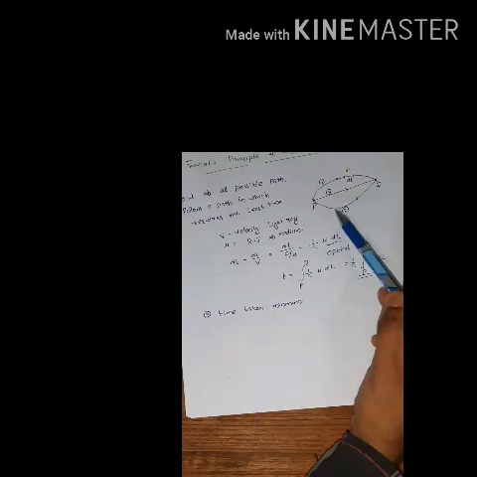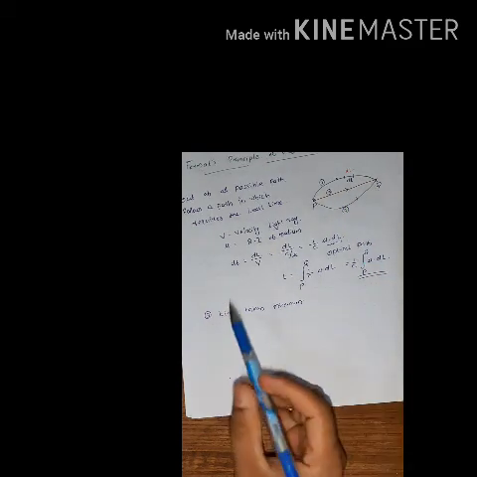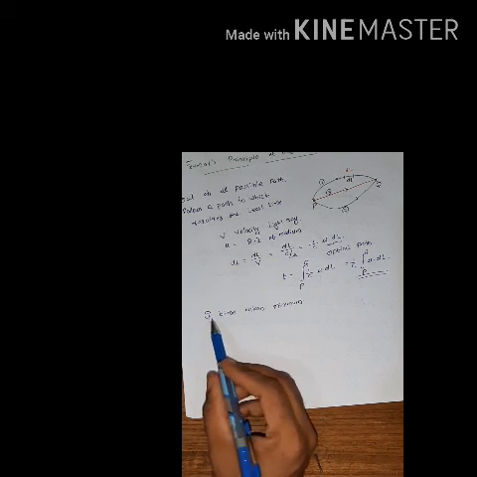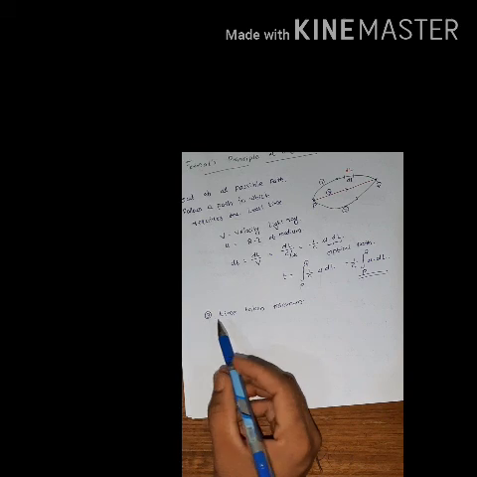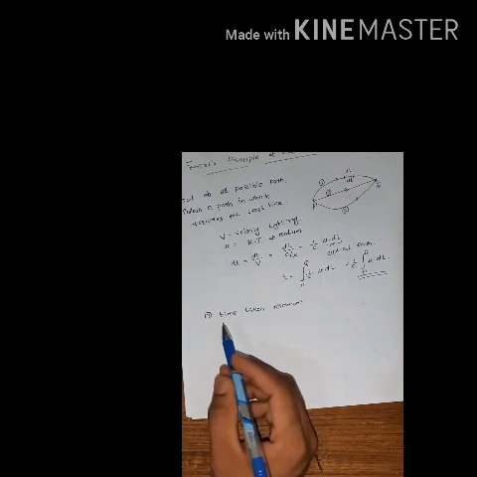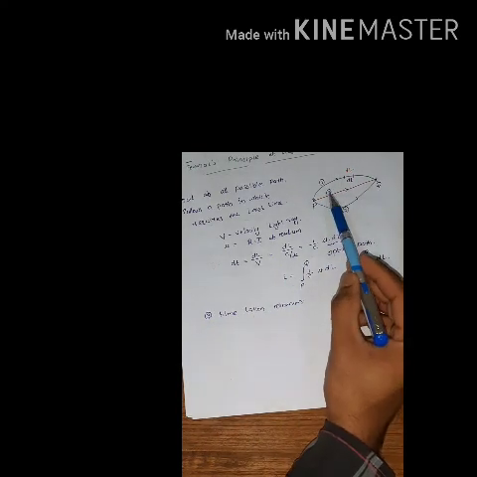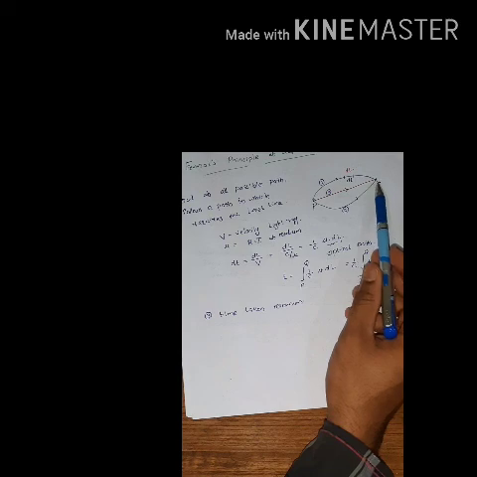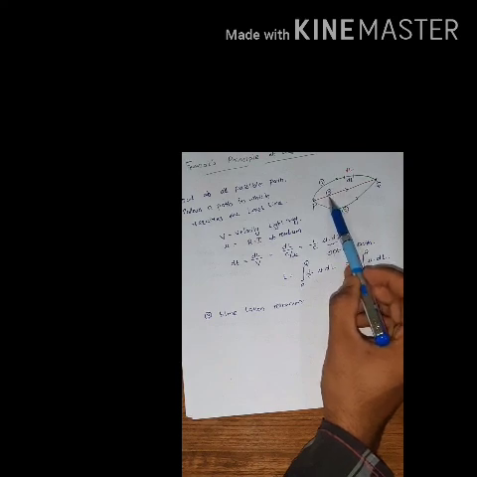So if you consider any other path other than this third path, there will be an increase in time for traveling from P to Q. The time taken for traveling from P to Q through any other path has a value greater than the time taken corresponding to the third path.